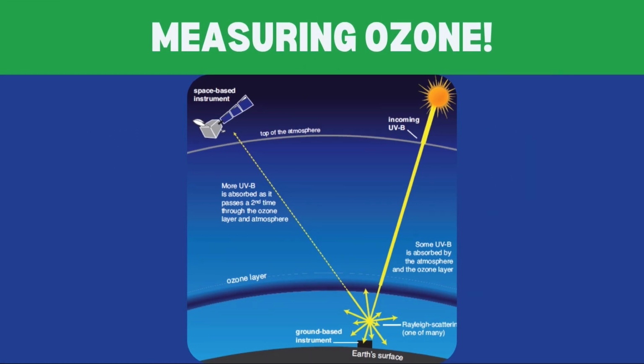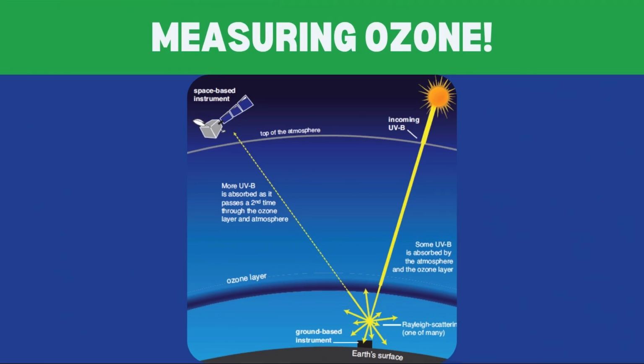The way of measuring ozone is very simple. We know from the measurements how much incoming UVB sunlight arrives at the top of Earth's atmosphere every second. We also know how much light, including UVB, is scattered by the air molecules in the atmosphere. That is called Rayleigh scattering, as shown in this diagram, and it is the same phenomenon that makes the sky appear blue.